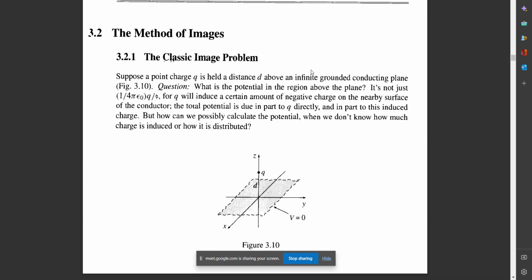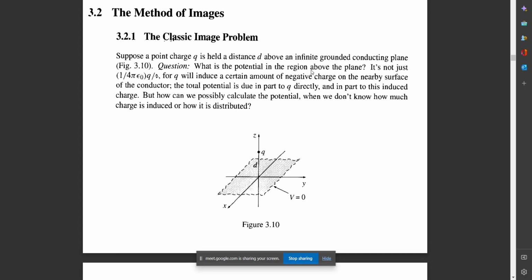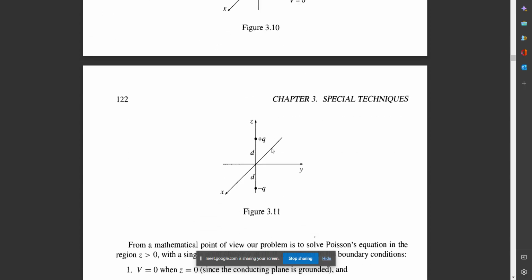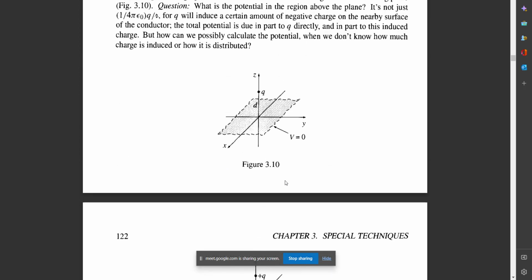A simple method is to make an image of the point charge q, that is, have an image of the same charge but of opposite sign, that is minus q, from the xy plane.